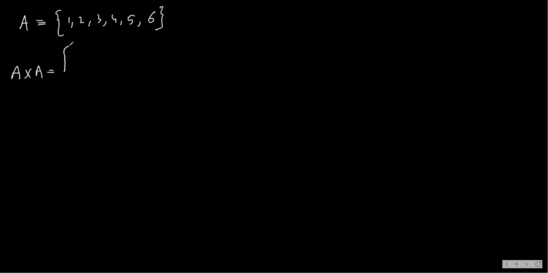It will be the Cartesian product of A with itself. I can help you by writing A twice: 1, 2, 3, 4, 5, 6. It means you now have to write the Cartesian product of A with itself.